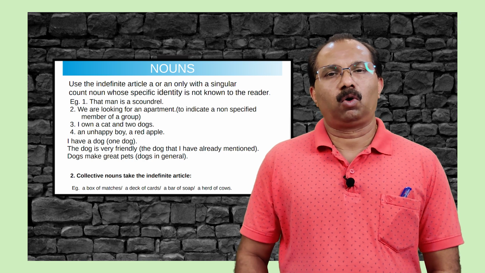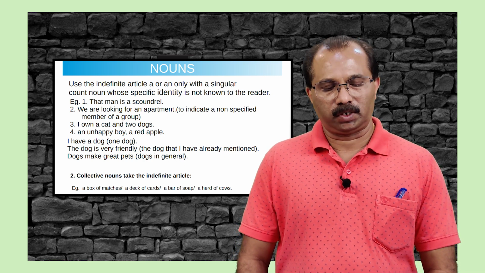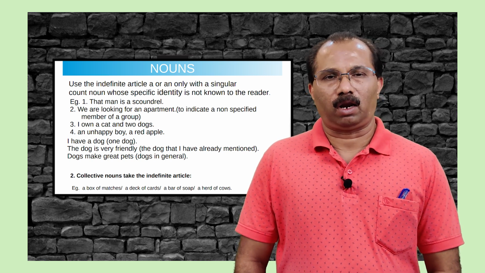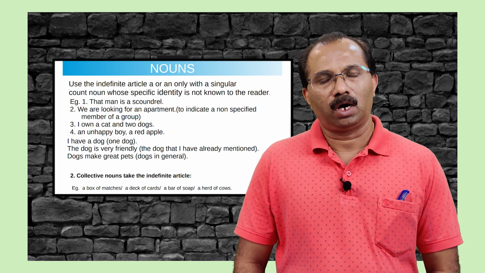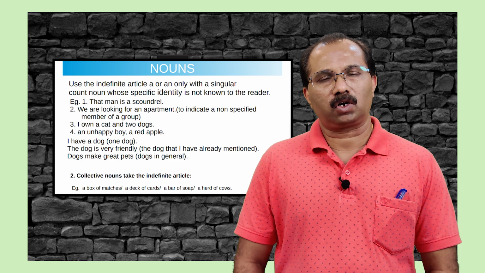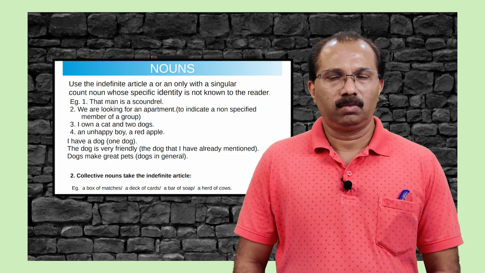Because the dog is specified here, isn't it? The dog that I already mentioned. Then, if you are speaking about dogs in general, we do not use any article at all. Dogs make great pets. There, we do not use any article.